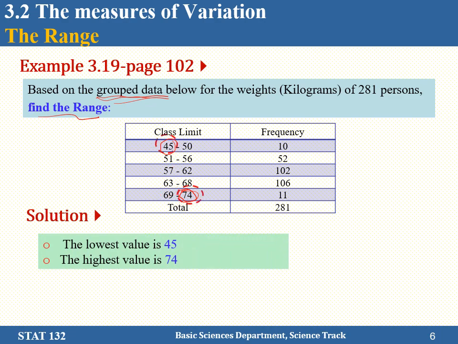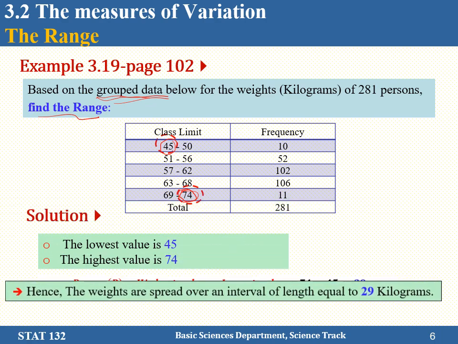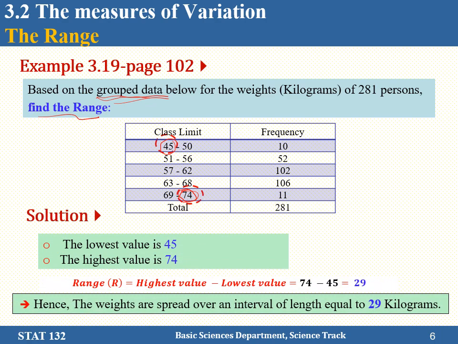Then you subtract them, and you will get the range of the data, which is 29 here. And you can say the weights are spread over an interval of length 29 kilograms.